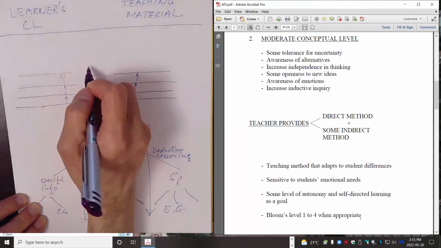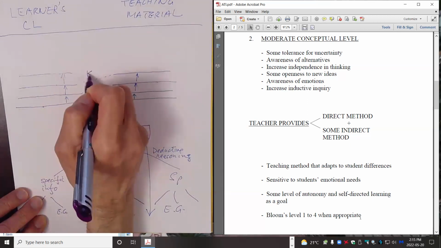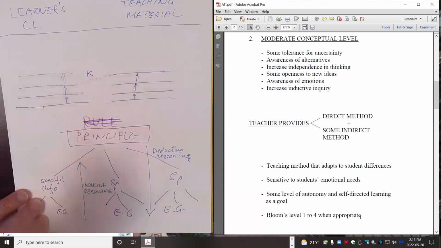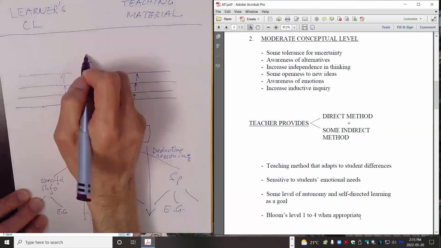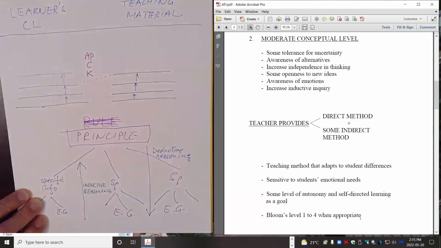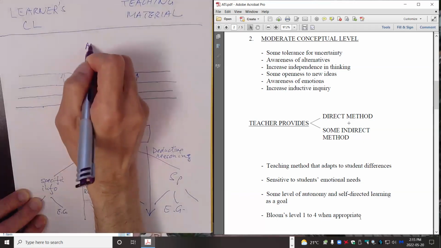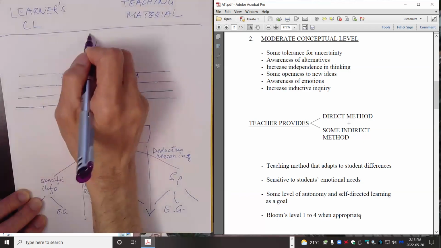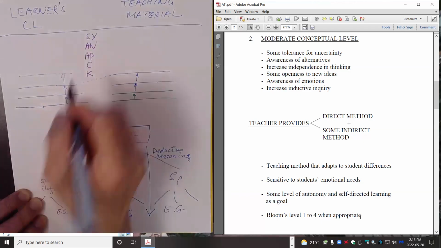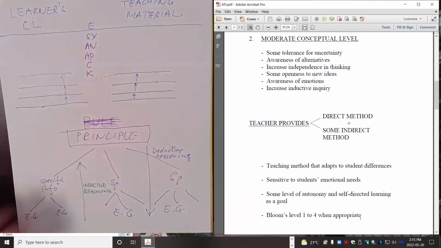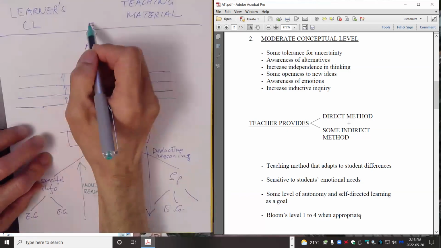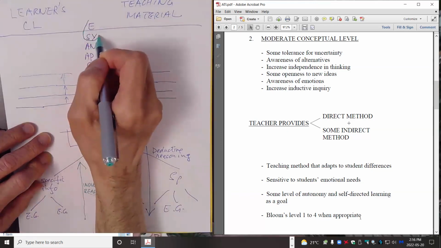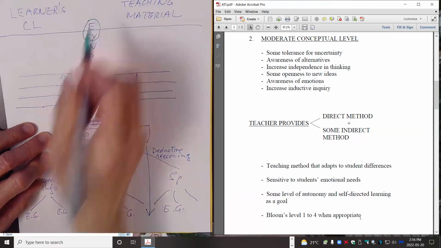So this is knowledge, comprehension, application, analysis, synthesis, and finally evaluation.